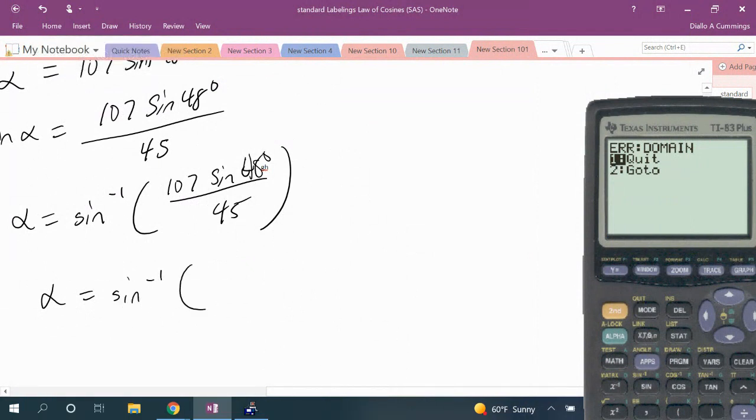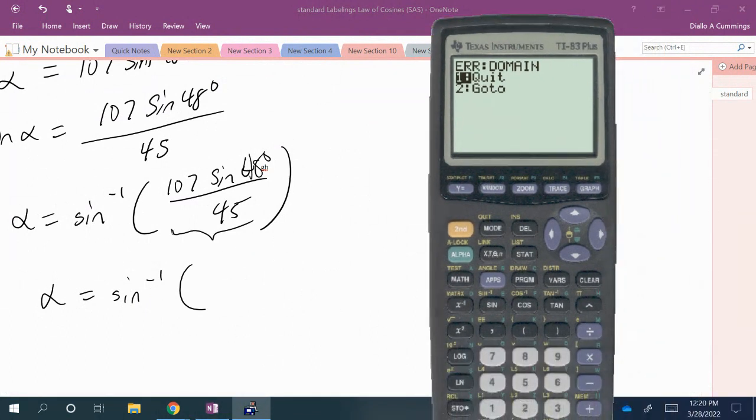Okay, so remember we talked about in an earlier section that the sine as well as the cosine value can't exceed +1 and can't be less than -1. So I'm actually going to take the innermost part of this and simplify it.